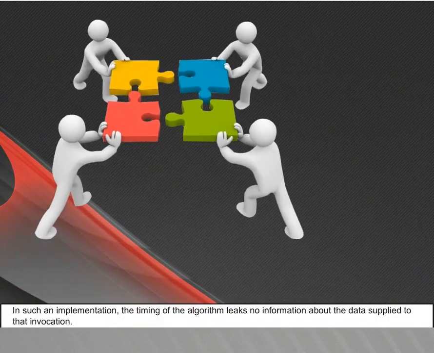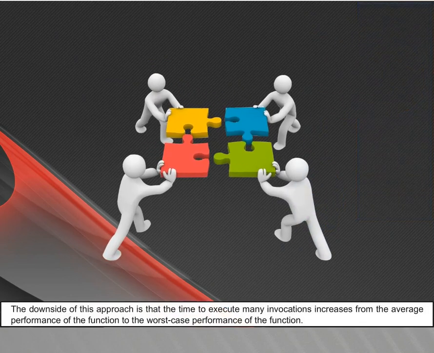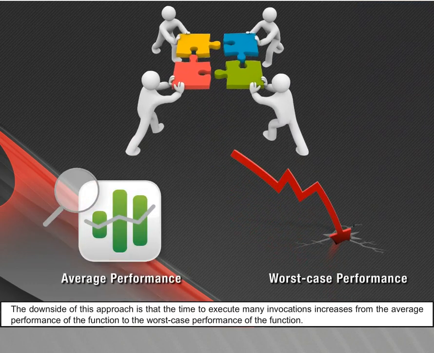In such an implementation, the timing of the algorithm leaks no information about the data supplied to that invocation. The downside of this approach is that the time to execute many invocations increases from the average performance of the function to the worst-case performance of the function.